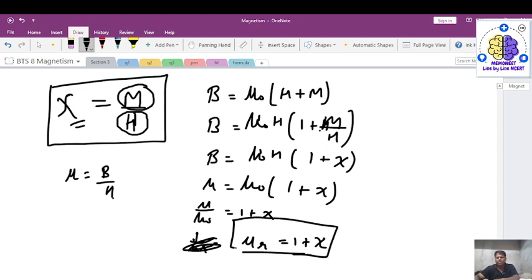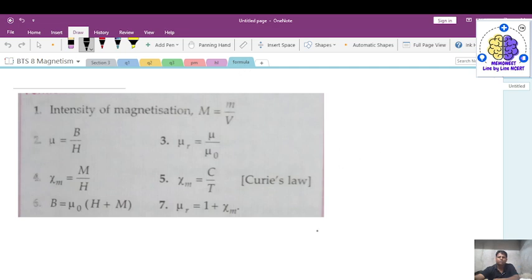Now again I would say that all these derivations are not important. The only thing you are supposed to do is keep this in mind and remember the formulae. Intensity of magnetization M is equal to M upon V. Mu, that is permeability, is equal to B upon H. H is the magnetizing intensity, and M is the magnetization intensity.